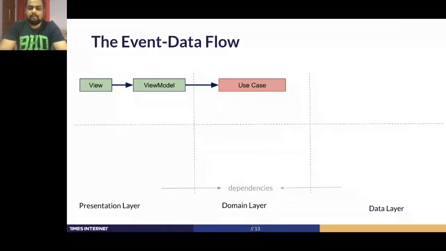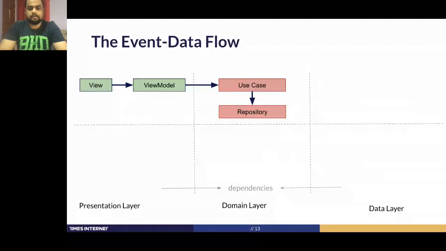So remember the application definition: if I need to have an application, I need to have a group of use cases for a particular intent, right? Now the view model will pass some intent to the use case: I want this data, or I want to process the data. The use case will call the repository. And this repository is nothing but an abstraction.